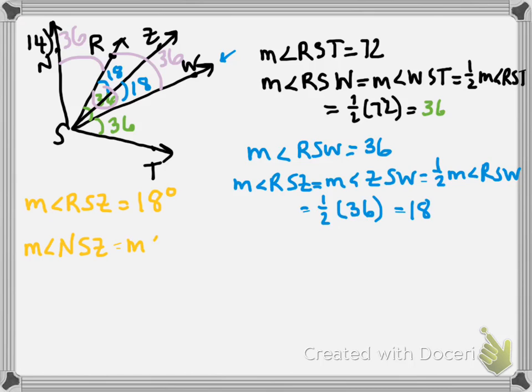Angle addition postulate: the measure of angle NSZ is equal to the measure of angle NSR, which is our 36, plus the measure of angle RSZ, that blue 18, for a grand total of 54 degrees.